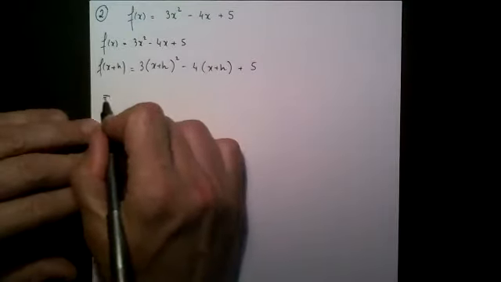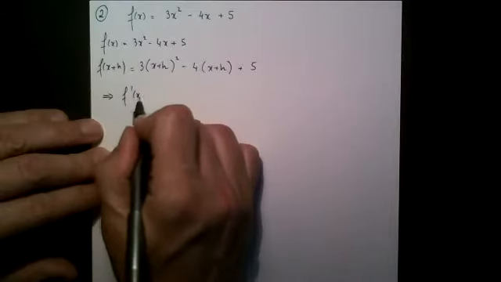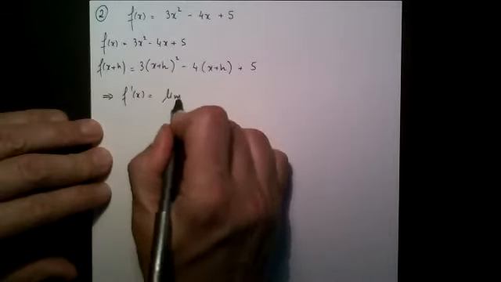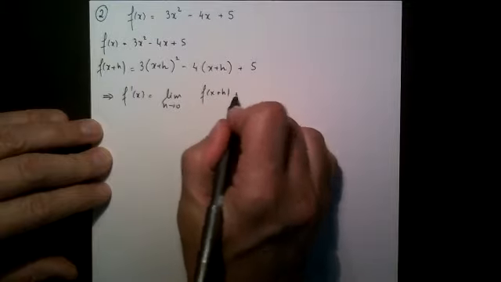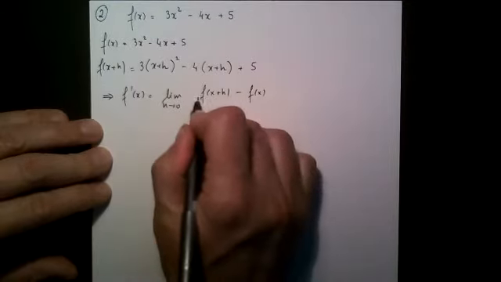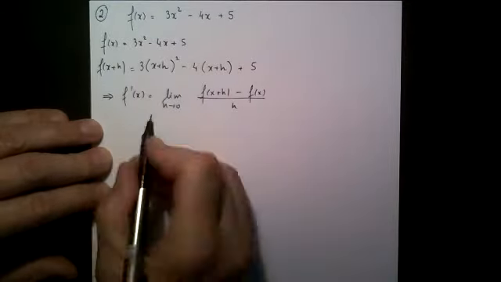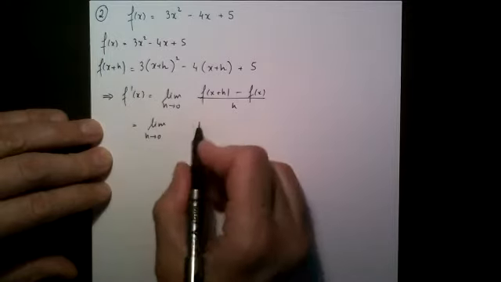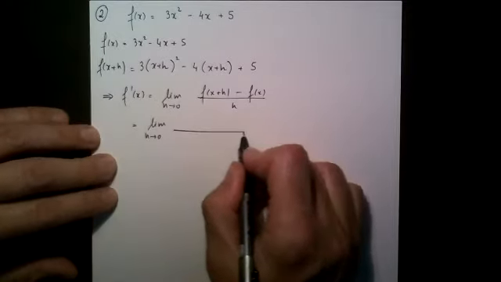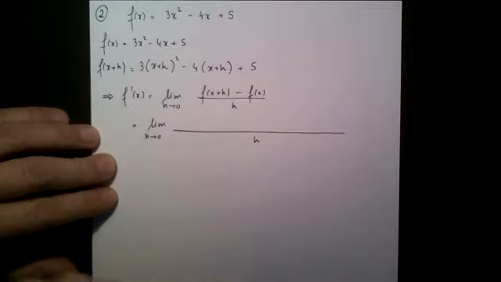Okay, so f prime of x will be the limit as h approaches 0 of f of x plus h minus f of x over h, which is the limit as h approaches 0 of, and so I'm going to have a big fraction here.